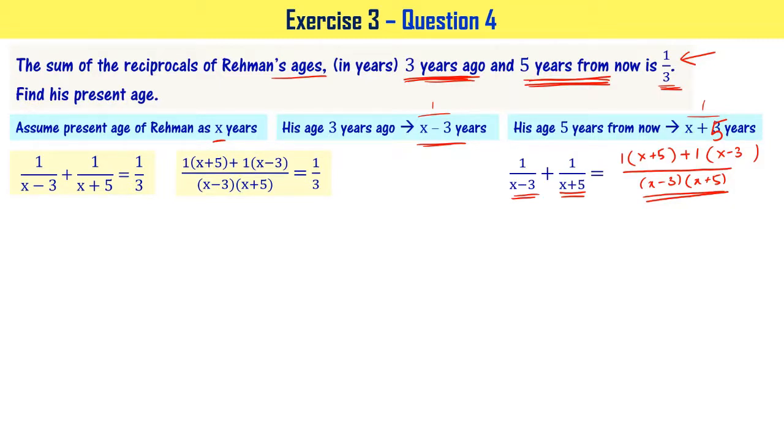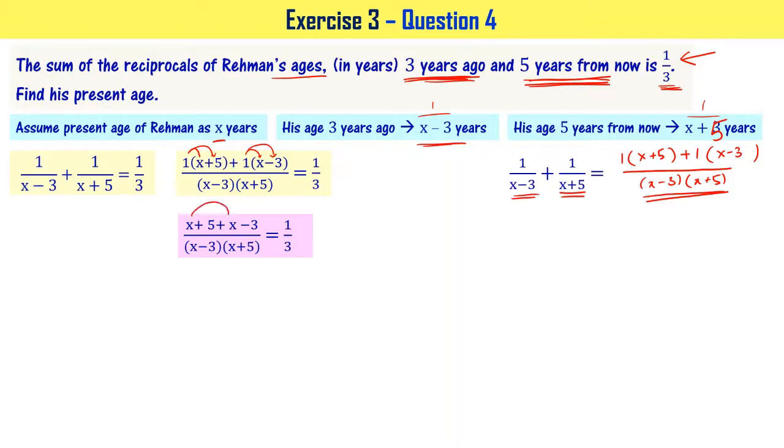Let me first simplify this numerator. 1 times x plus 1 times 5 plus 1 times x plus 1 times minus 3, right? That is going to be x plus 5 plus x minus 3 divided by x minus 3 times x plus 5 equal to 1 by 3, right?